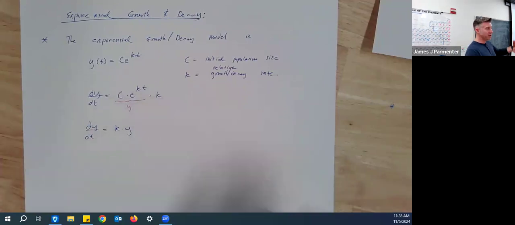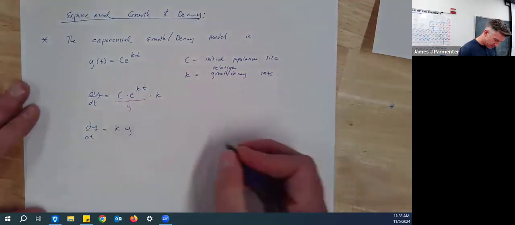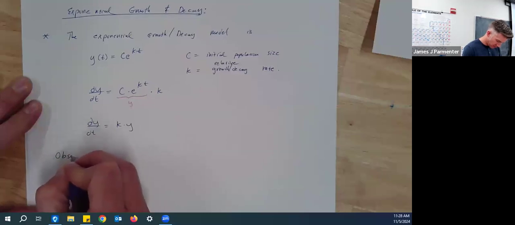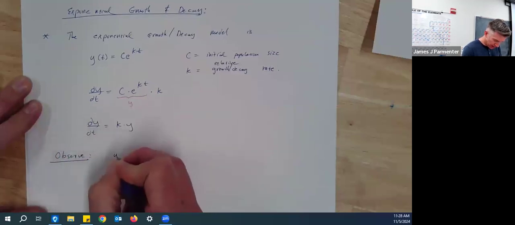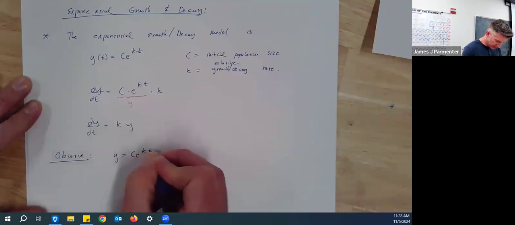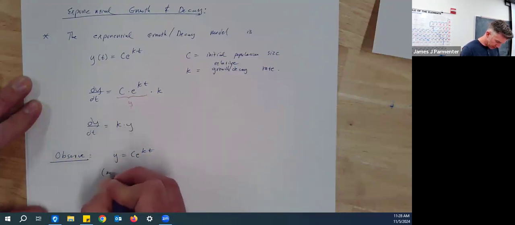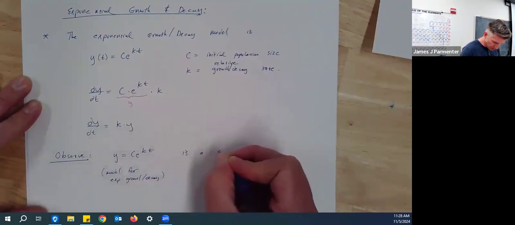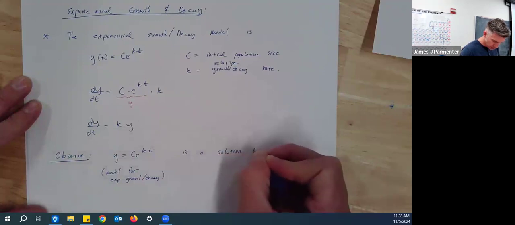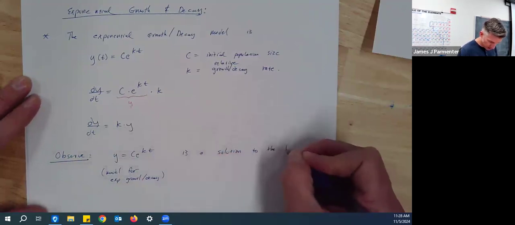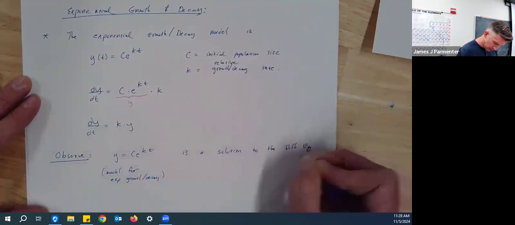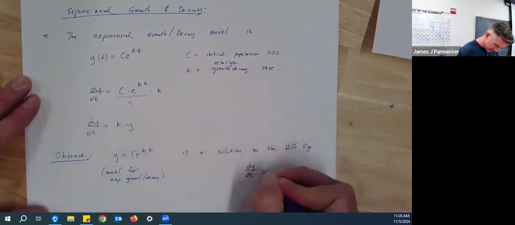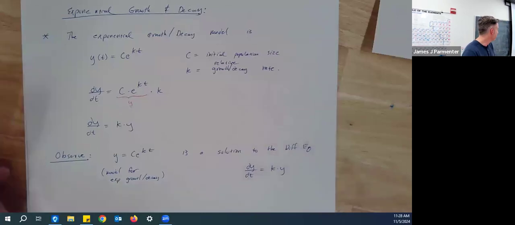So what we are actually seeing here is that y equal to c e to the kt, the model for exponential growth or decay, is a solution to the differential equation dy/dt equals k times y.